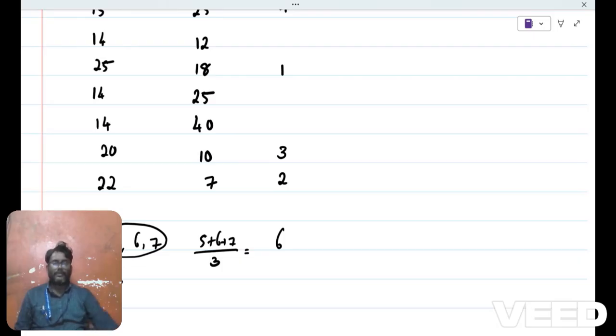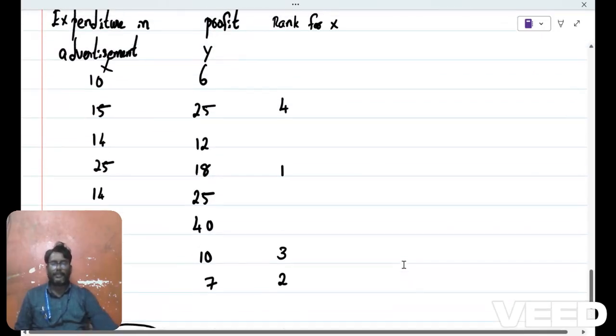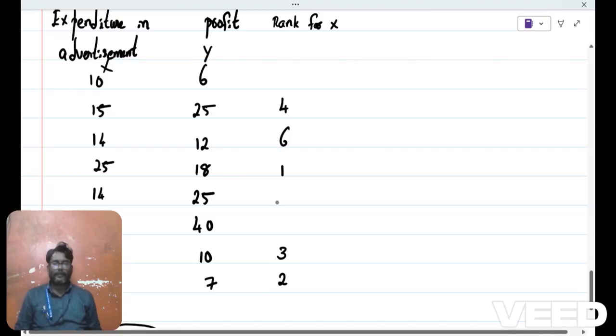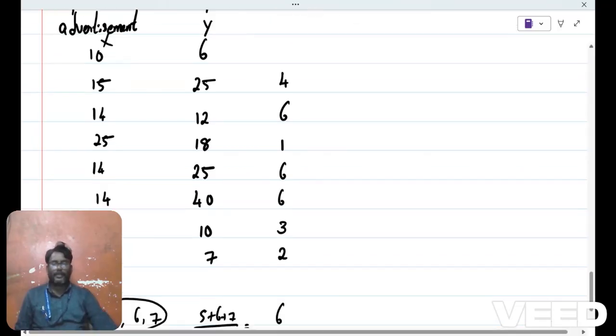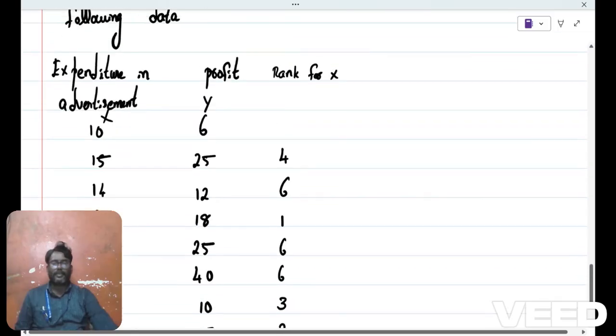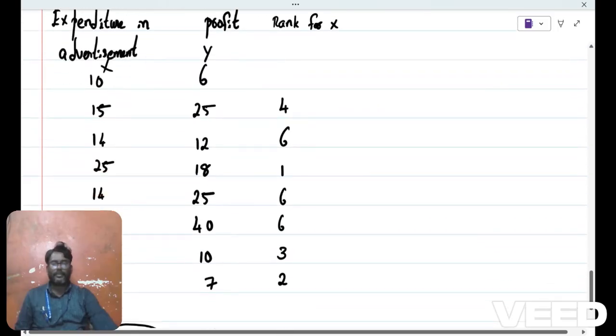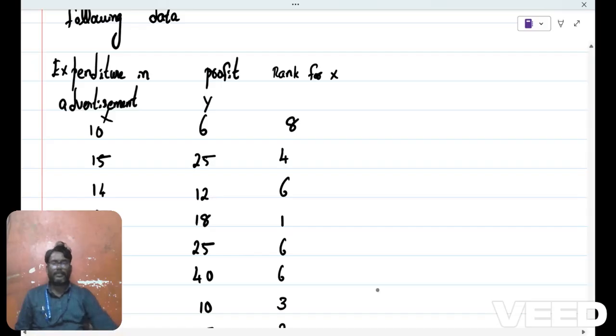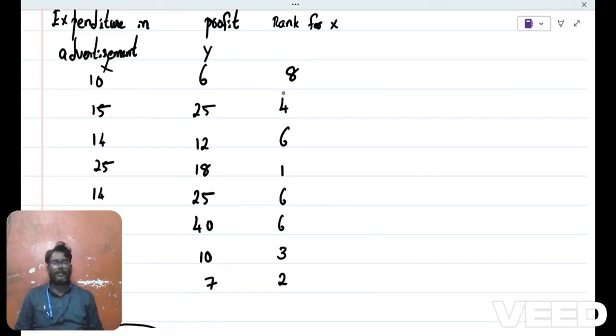So for 14 the rank is evenly distributed as 6, 6 and 6. Now the ranks 5, 6, 7 are over. The last rank will be 8, which is given for 10. Clear? This is the way we have to distribute the rank.